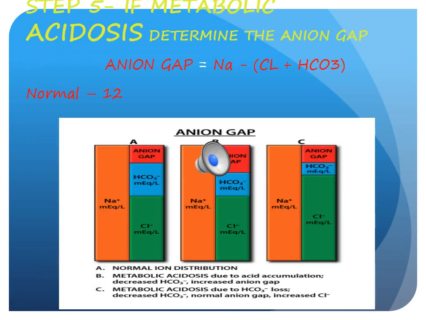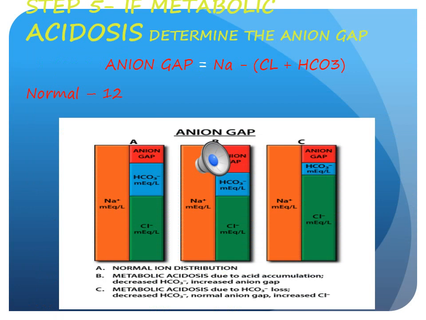Once we know it's a metabolic acidosis, we have to determine the anion gap. What is anion gap? The difference between the cations and the anions. Cations are the positive particles, anions are the negative particles. That is calculated by sodium minus chloride plus HCO3.